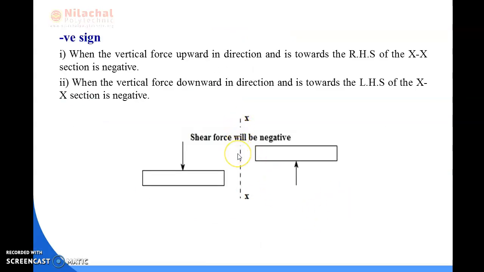If we consider the left side of the section, the force is downward in direction, so it is totally opposite of the positive sign convention.